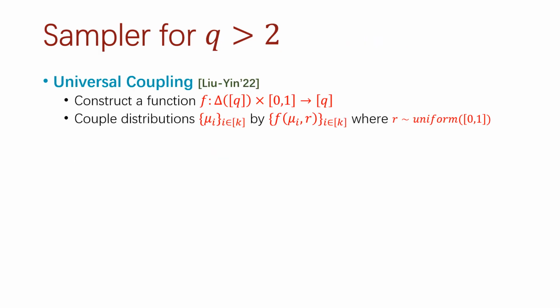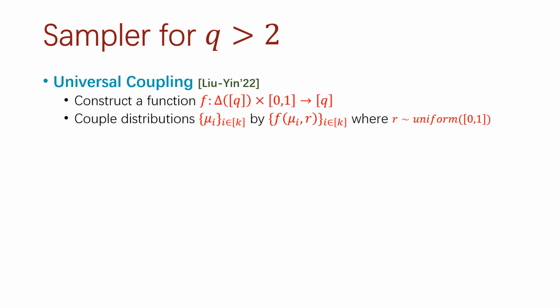One last ingredient for our algorithm is a general sampler for Q greater than 2. This sampler is based on a technique called universal coupling, introduced by Liu and Yin for parallelizing the simulation of Markov chains. Universal coupling can be viewed as a decentralized coupling scheme based on public coins.